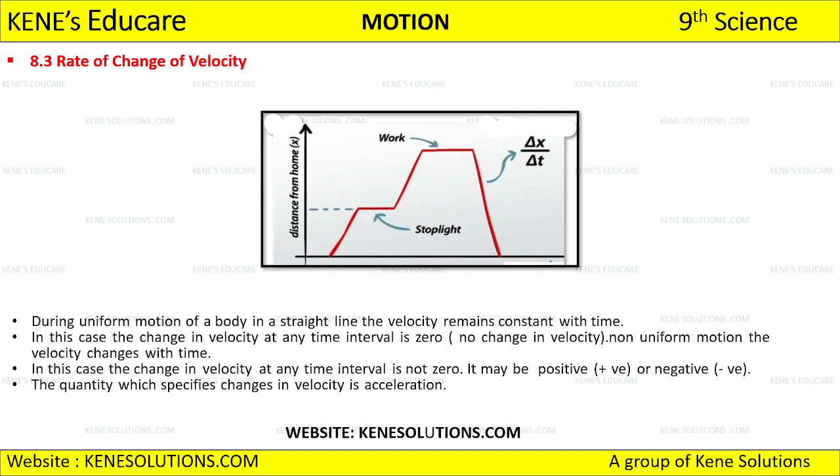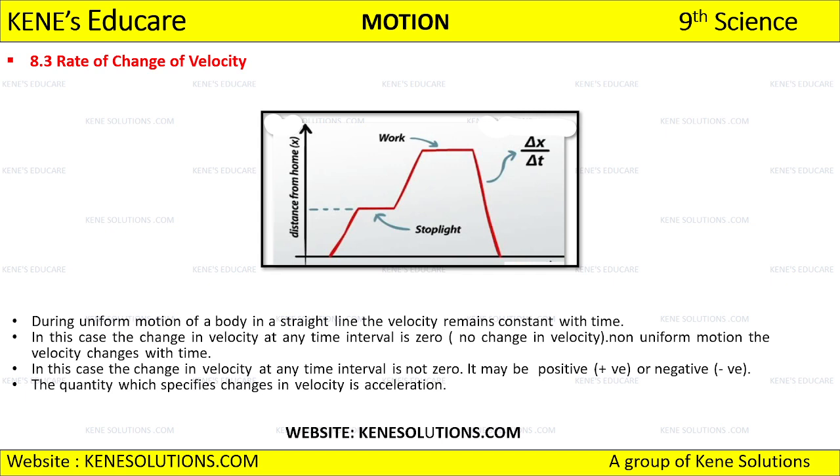And during this uniform motion, the body is in a straight line. So in this case, the change in velocity at any time interval is going to be zero, because the velocity is not changing over here, right? And when it comes to non-uniform motion, the velocity will change with time.